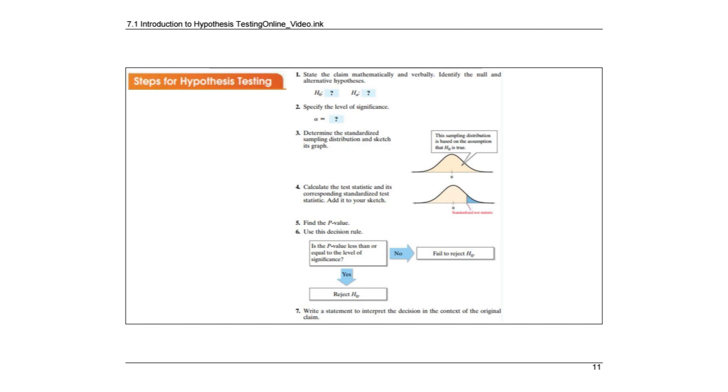All right, so this is just a quick flowchart of the work we've been doing and will continue to do. First, we set up the null hypothesis and the alternative hypothesis. Then they'll tell us the level of significance.